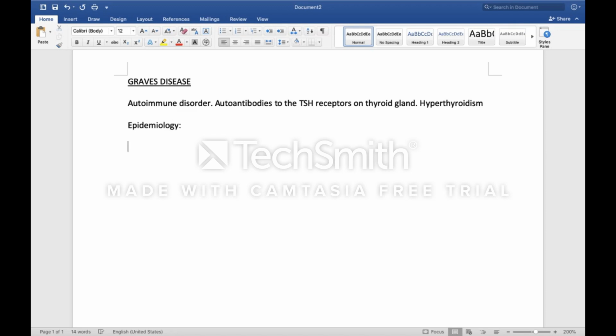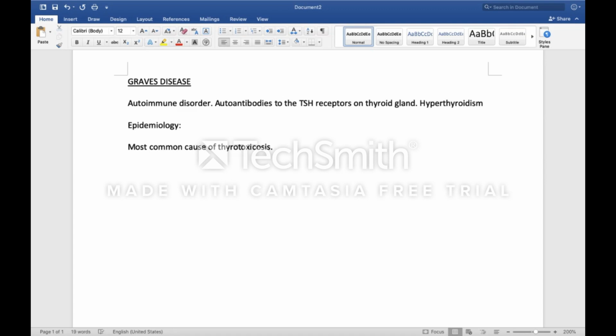Simply, it is the most common cause of thyrotoxicosis. Which means among all the people who have hyperthyroidism, the most common cause is Graves' disease, an autoimmune disorder.